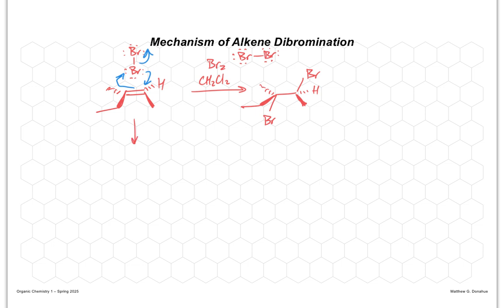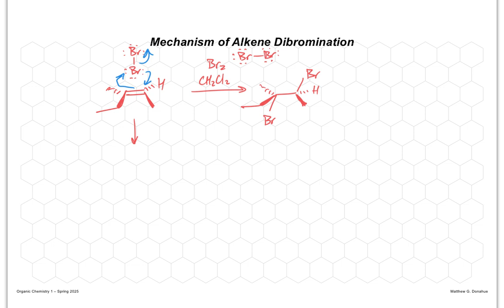So if we interpret what these arrows mean, the pi bond comes up to form a bond to bromine. So a carbon-bromine bond. A lone pair from bromine comes down to form a bond to carbon. And then we break the bromine-bromine bond.